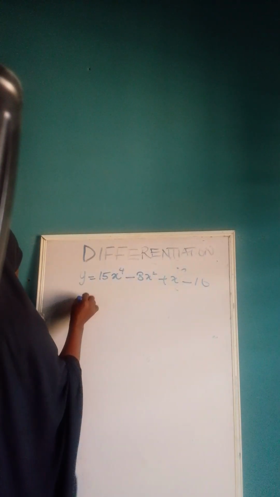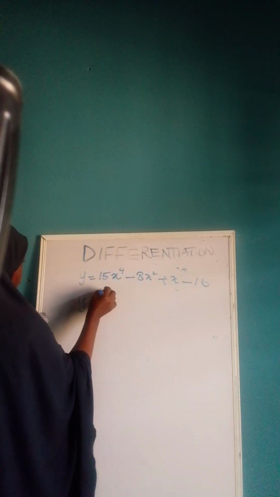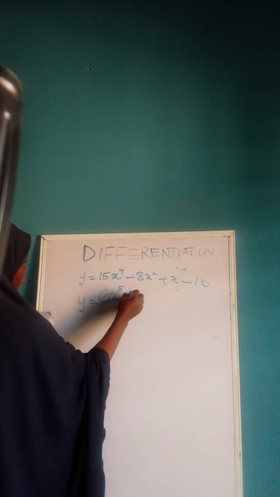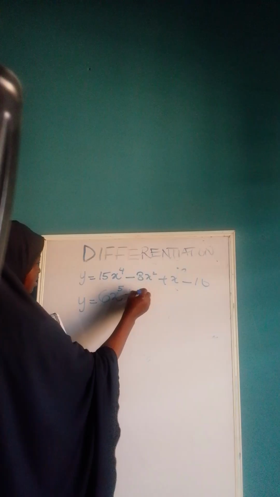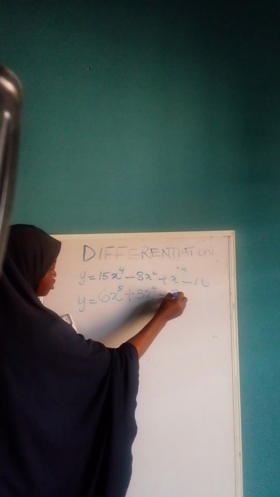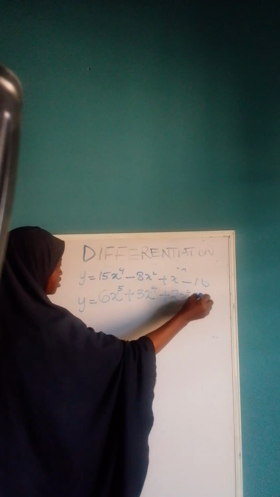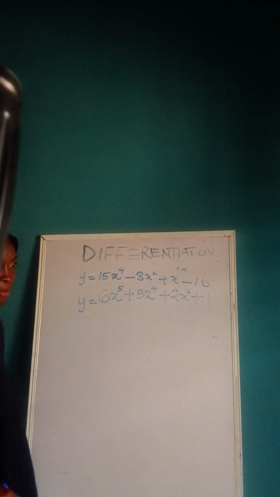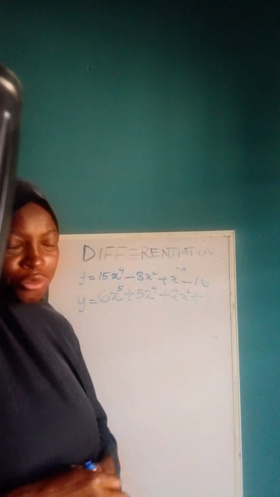Assuming you are given y to be equal to 6x raised to power 5 plus 3x raised to power 4 plus 2x squared plus 1. So assuming you are asked to find the derivative, I believe by the time you close your eyes and open it, you should be able to produce an answer.